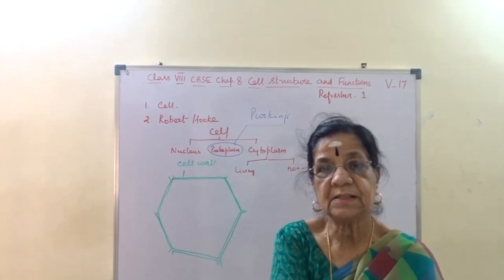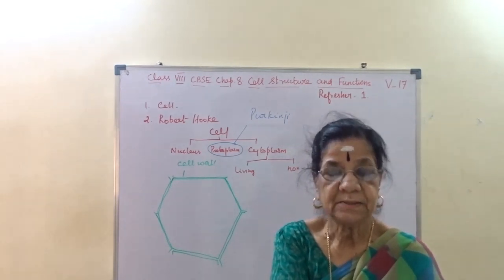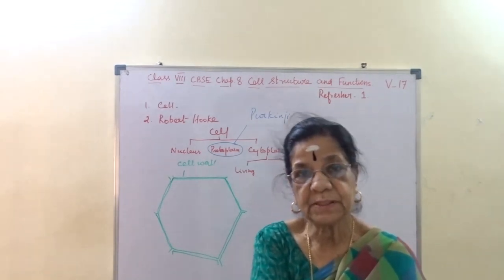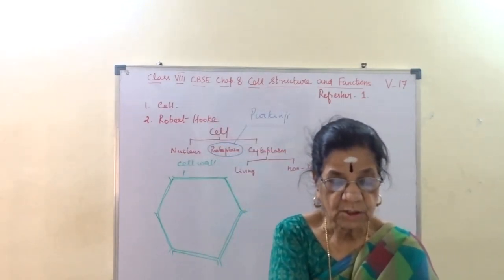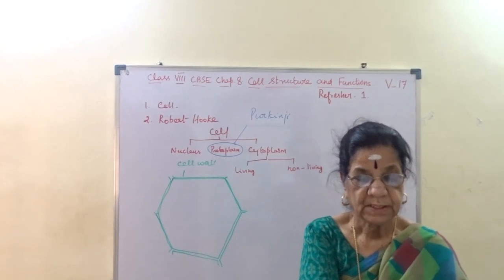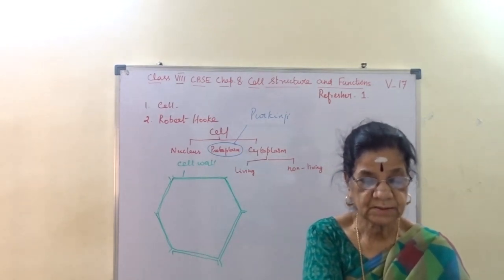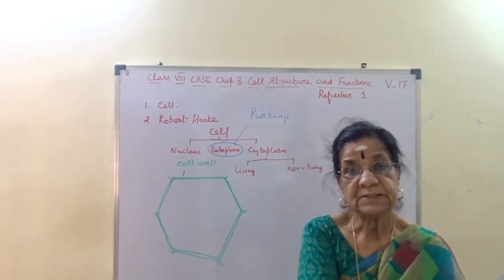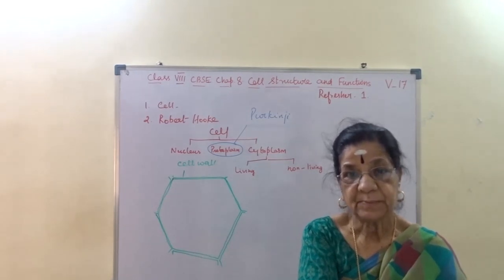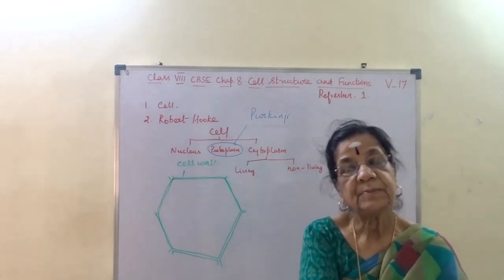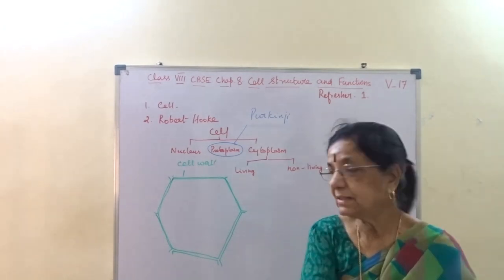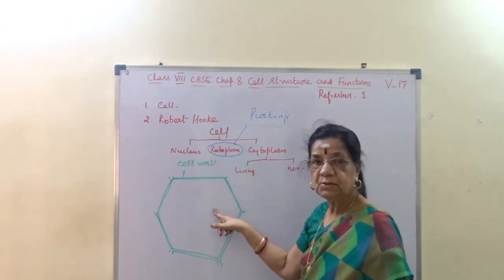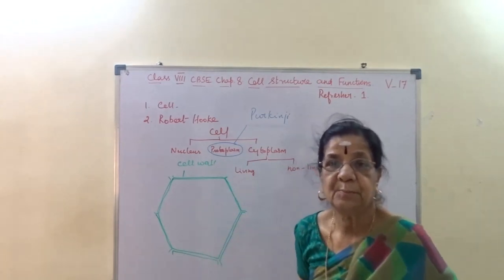Parts of the cell. First, cell membrane. The basic components of a cell are cell membrane, cytoplasm and nucleus. Right? The cytoplasm and the nucleus are enclosed within the cell membrane.